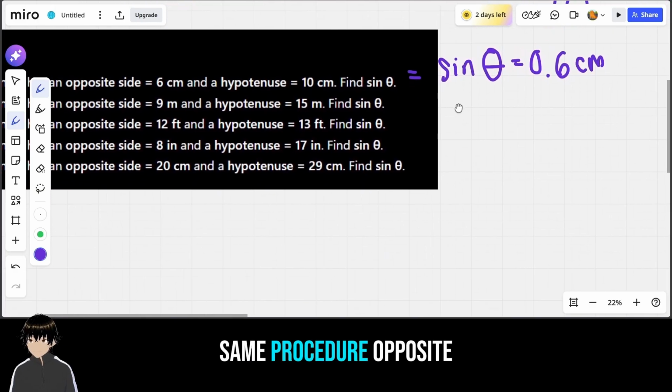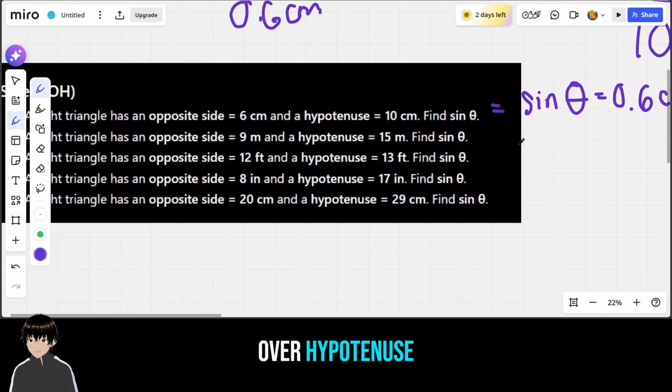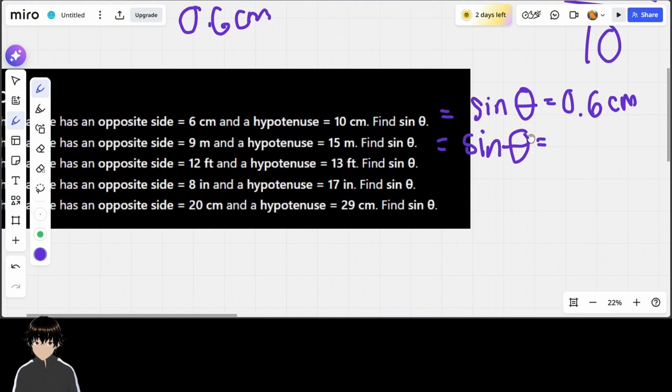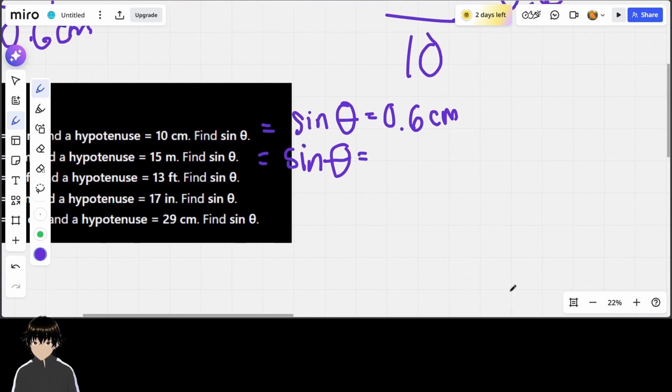It's the same procedure: opposite over hypotenuse. So that's 9 divided by 15, and that still equates to 0.6.